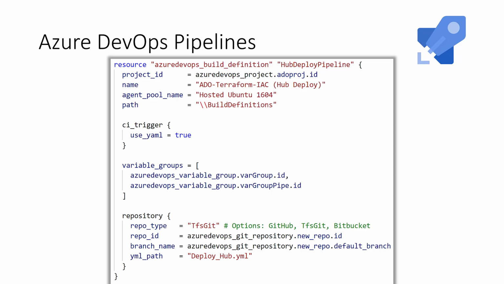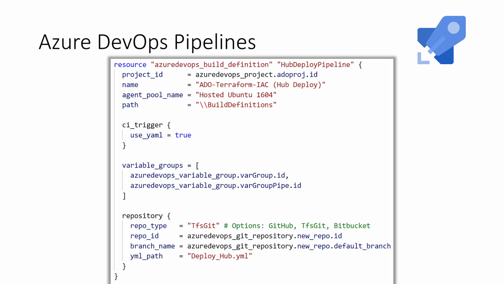For the agent pool, the default is this Ubuntu 16.04 version. You have some control around agent pools, where you can link to existing ones through the Terraform provider. I don't do this in this example, but there are examples in the public documentation. I give it the path to where my definition files, my YAML files, are sitting.